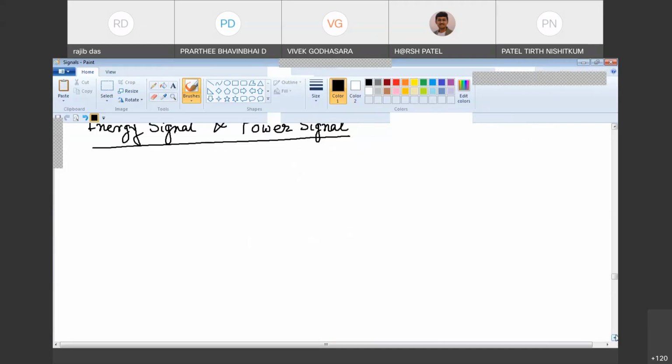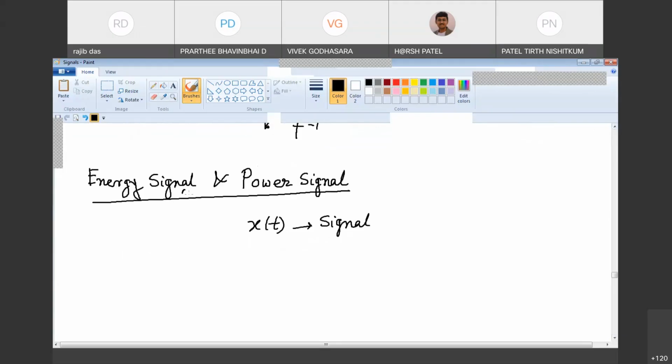So first of all, for any signal x(t), E is the energy. Energy we will consider as capital E, and power we'll call capital P.